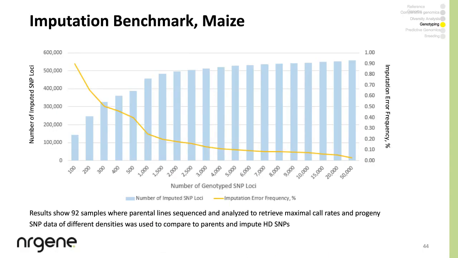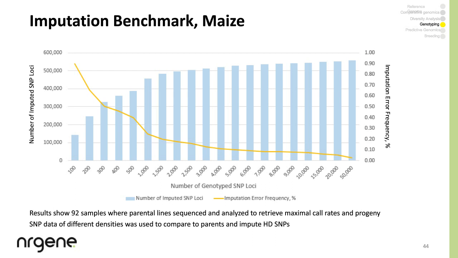This is just one example of what can be achieved with imputation, and the focus here is on the accuracy of imputation, which is often a question that we hear about. So for this experiment, we have 92 DH samples from maize that were genotyped at a large number of loci.